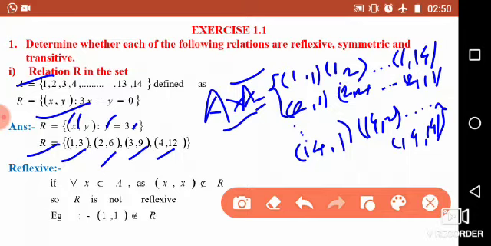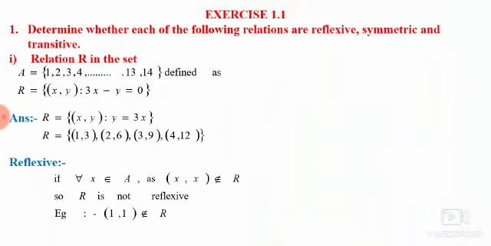Suppose I take x as 5 from the set A, then we get y as 15, which is not in A. Therefore, the further elements of x do not give the corresponding value in the set A. Therefore, the members of the relation are only (1, 3), (2, 6), (3, 9) and (4, 12).